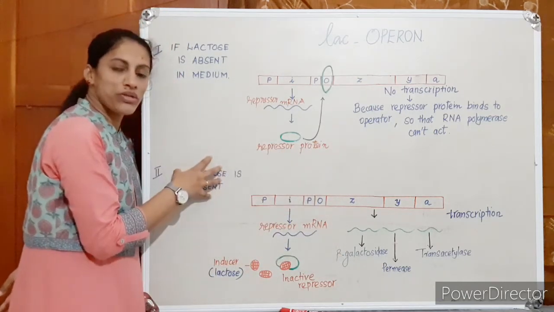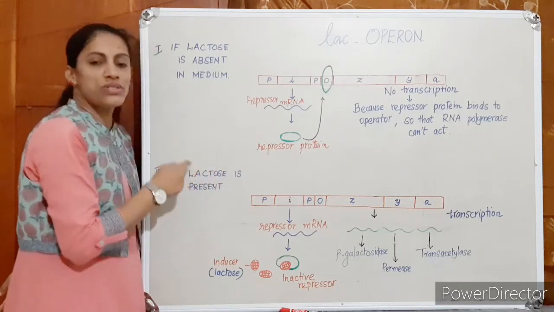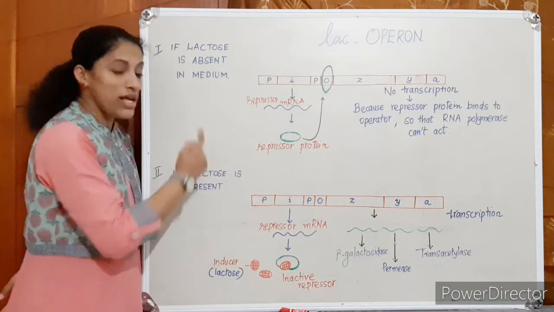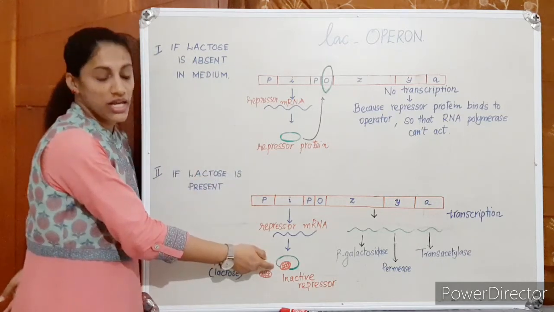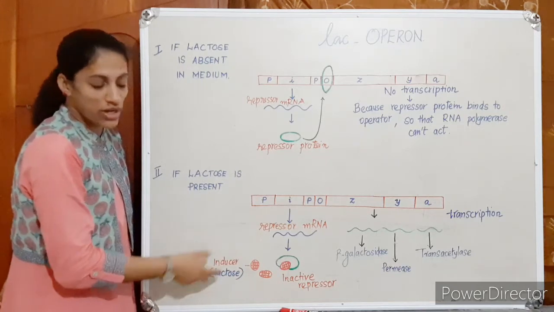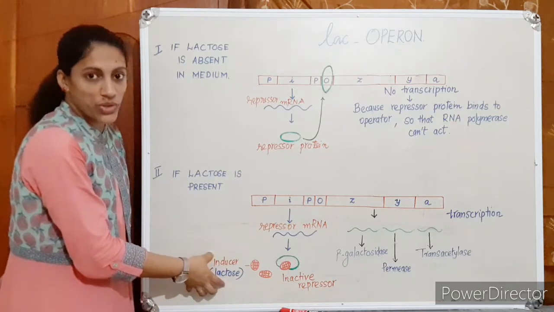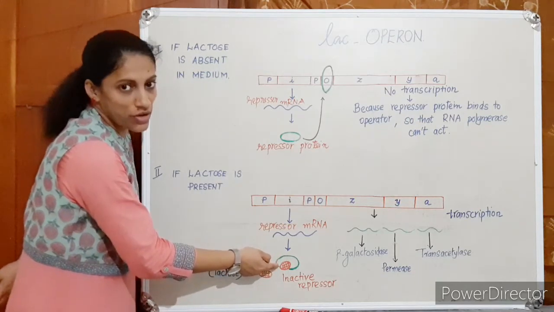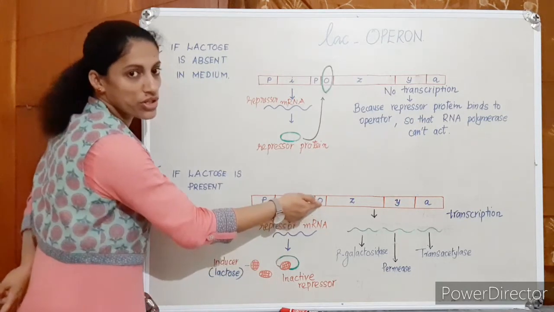So they are required to be produced only when lactose is present in the medium. If lactose is present in the medium, lactose itself acts as the inducer molecule. Lactose is the inducer molecule here. Lactose can block the repressor. Then there is no block on the operator.